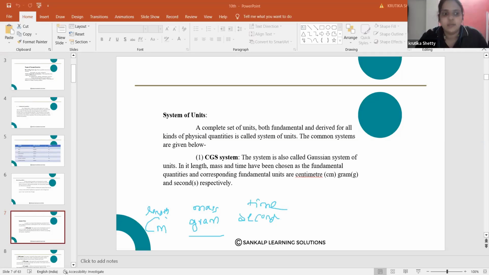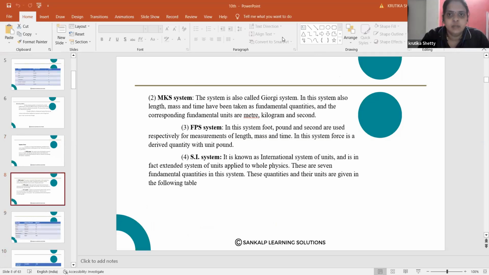Now let us go for the next system of units, the second one. The next one is the MKS system. So what is this MKS system?